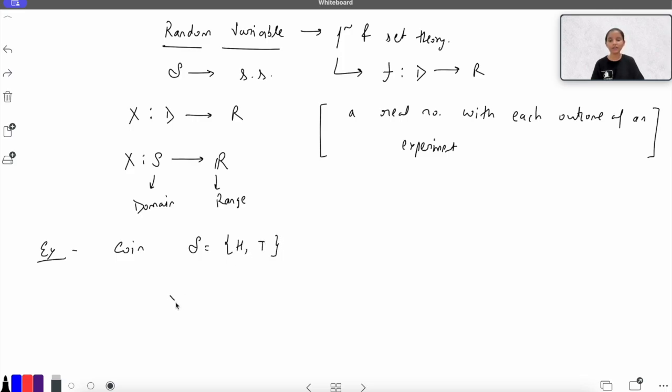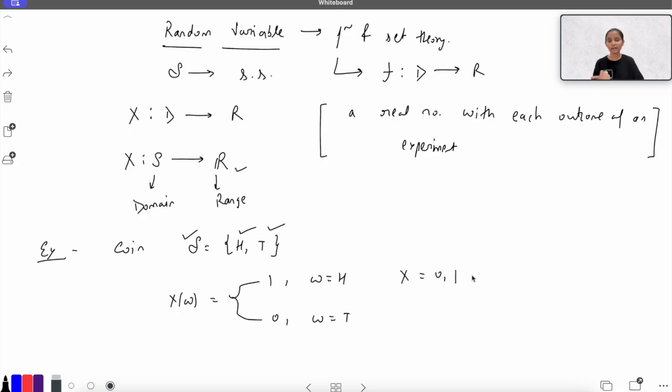If you define your random variable X(w) to be 1 when you get a head and 0 when you get a tail, then you are assigning the value 1 when the outcome is head and 0 when the outcome is tail. That is the mapping. Your domain is head and tail, that is the sample space, and your range here is 0 and 1. So here X is equal to 0, 1.